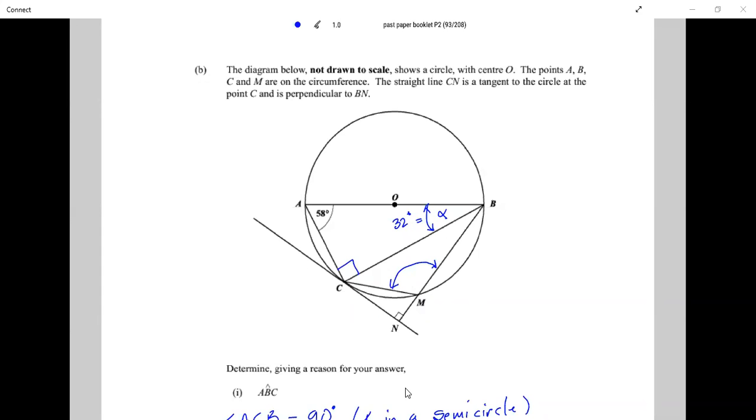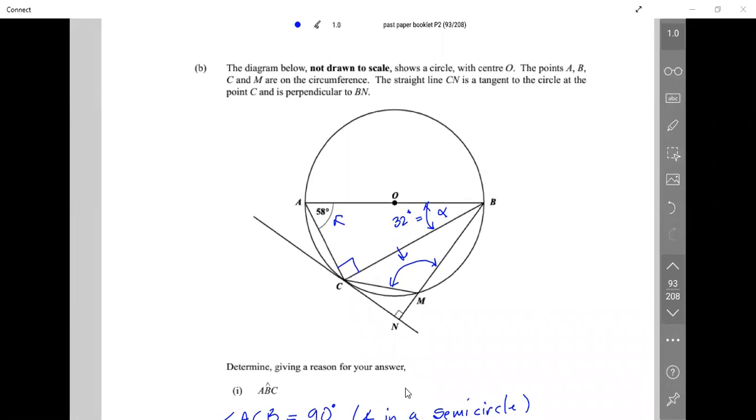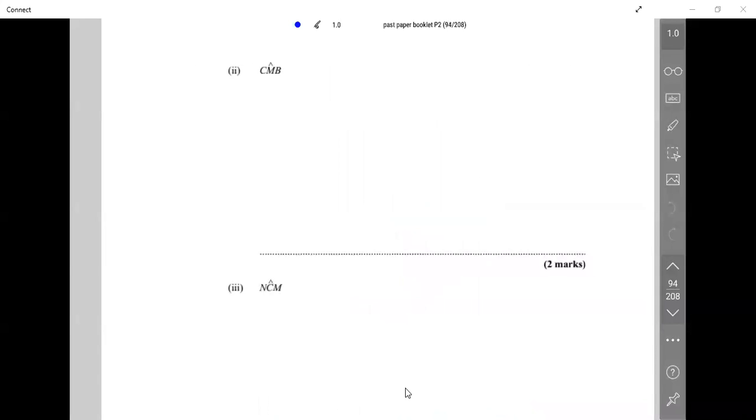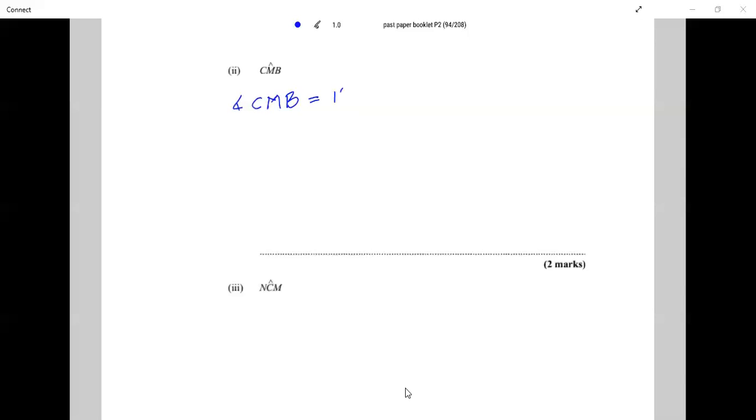So this angle here and this angle here, they're opposite angles in a cyclic quadrilateral, and opposite angles in a cyclic quadrilateral are supplementary. They add up to 180 degrees. So I'm going to say angle CMB is equal to 180 minus 58 degrees.